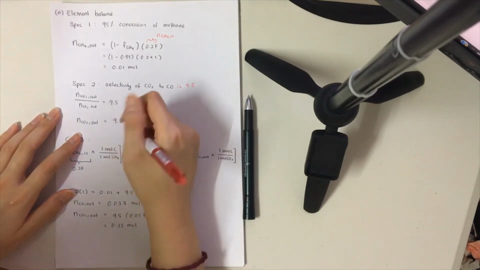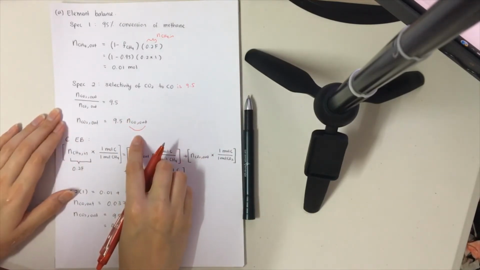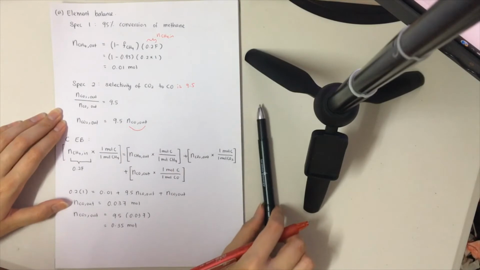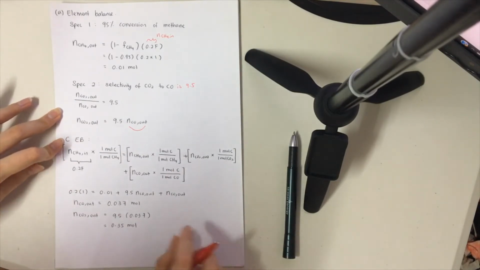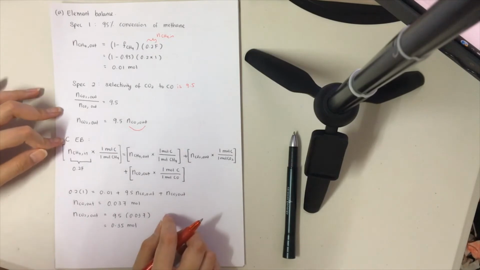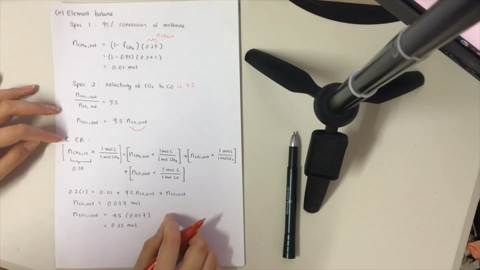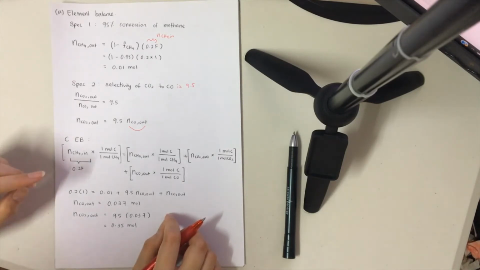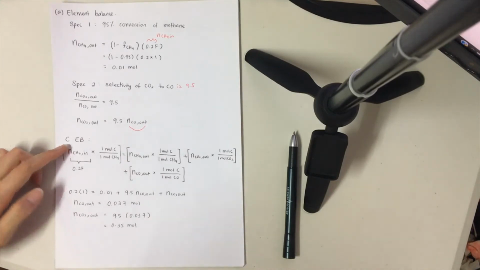But we do not have the number of moles of CO coming out yet, right? So then we can do element balance using C. In this case, we have another element, which is O. In question 2, we do not have O, but we only have element C and element H. But in this question here, we have the element O. So we'll start with element C.